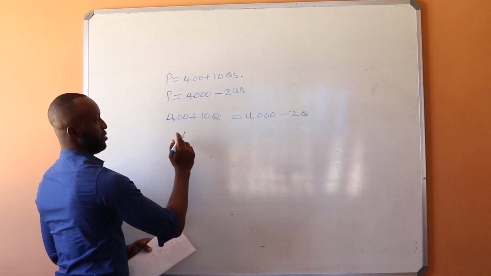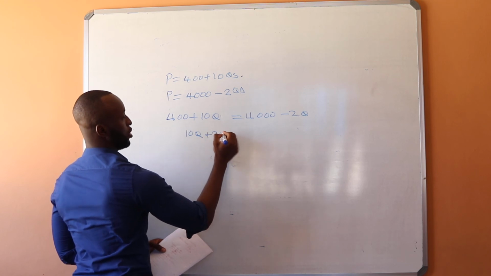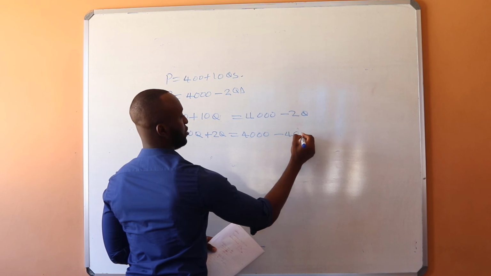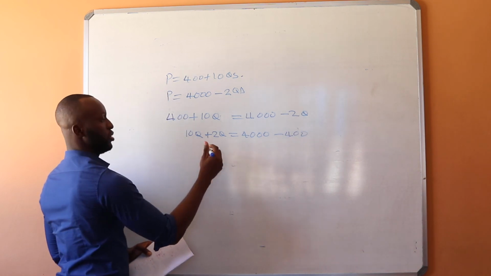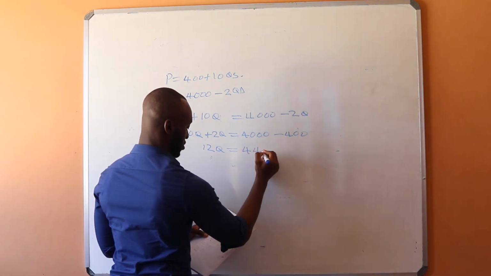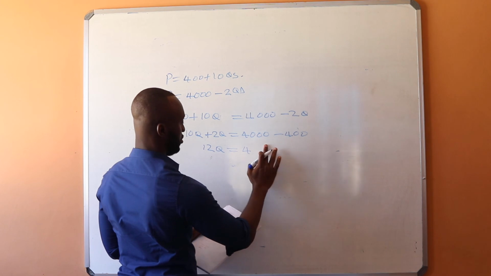If you take like terms, this is 10Q plus 2Q is equal to 4,000 minus 400. 10Q plus 2Q, 12Q is equal to 4,000 minus 400.